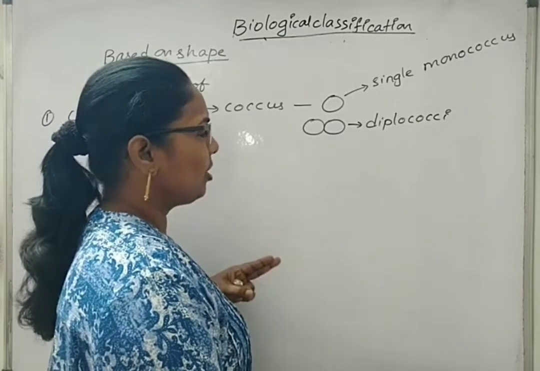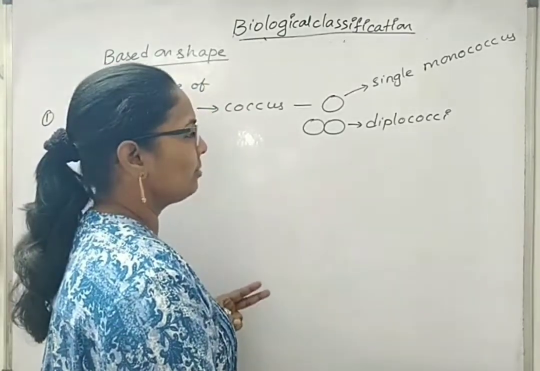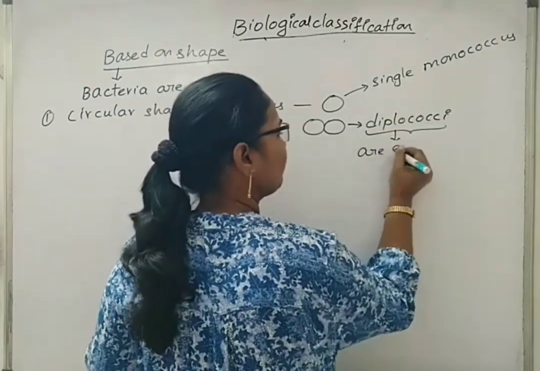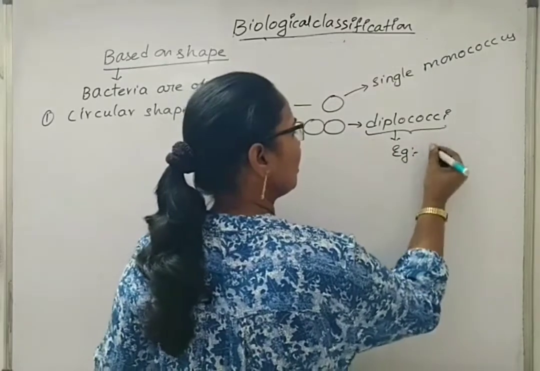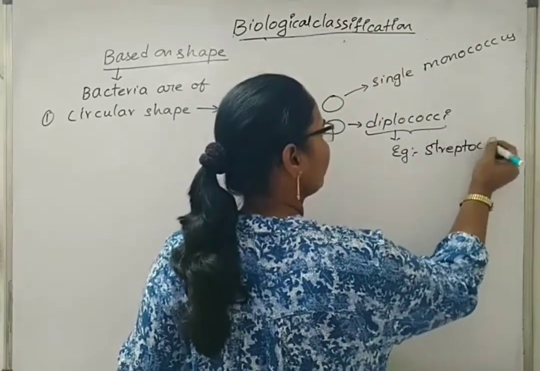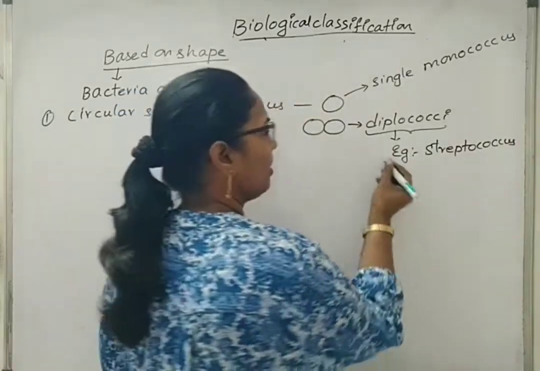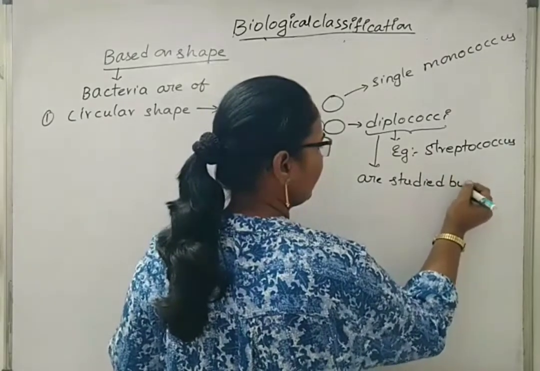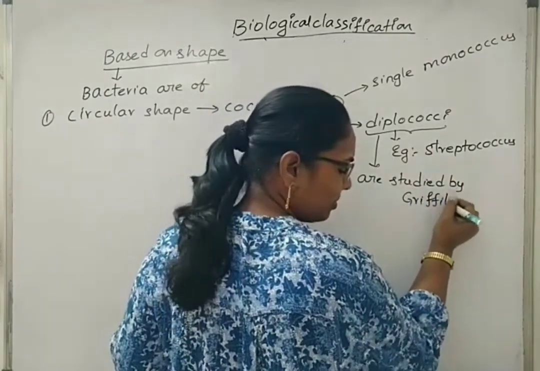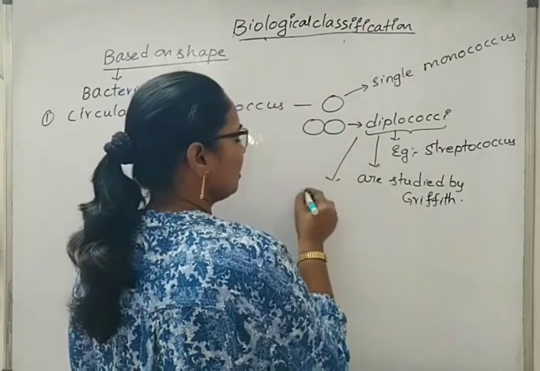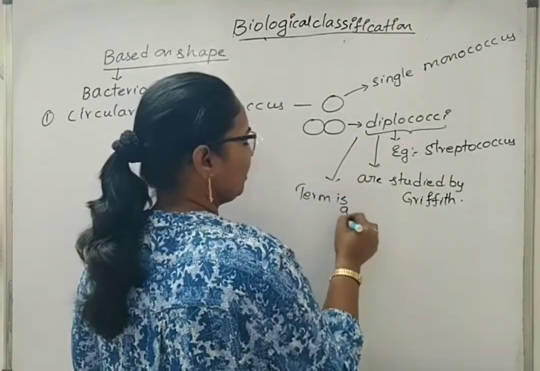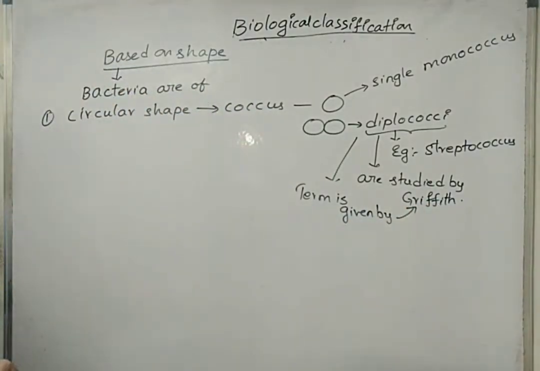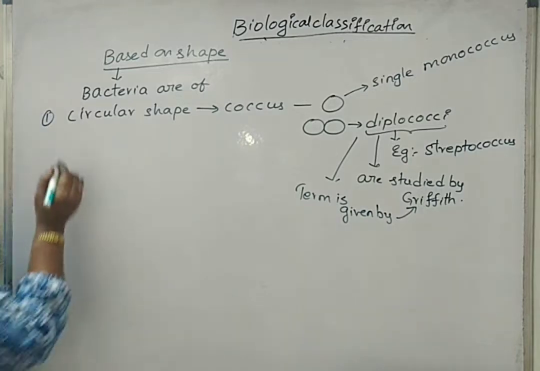If two cocci are present always in the same place, then those are diplococci. Example is Streptococcus species. These were studied by Griffith, and this term was given by Griffith when he started studying rough and smooth strains of Streptococcus species.